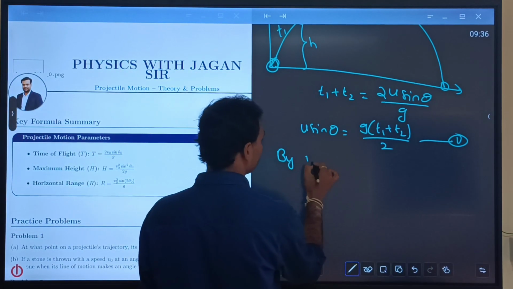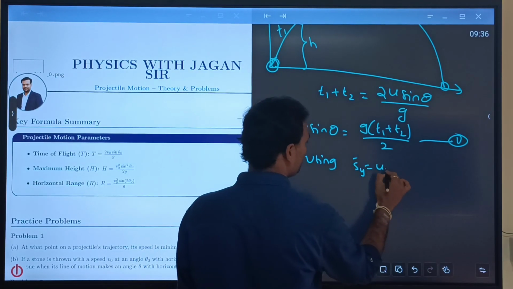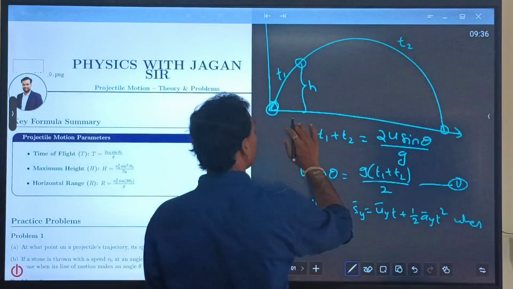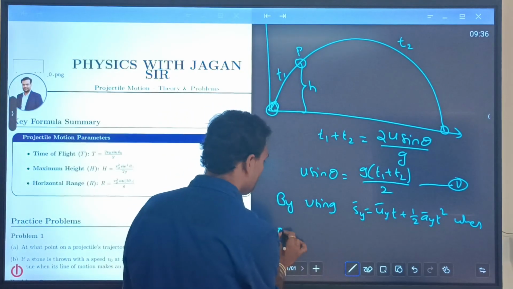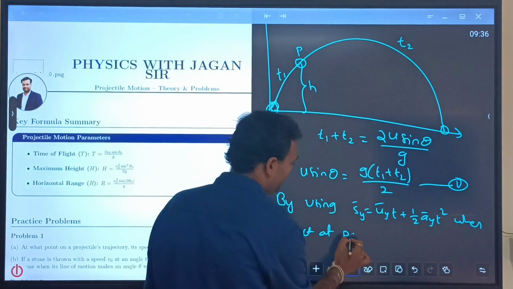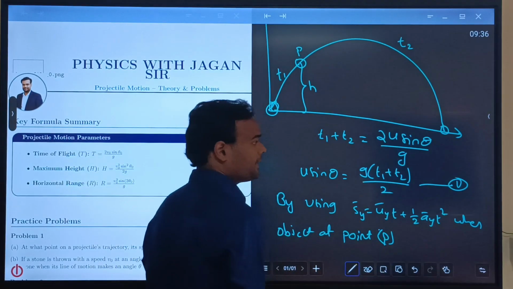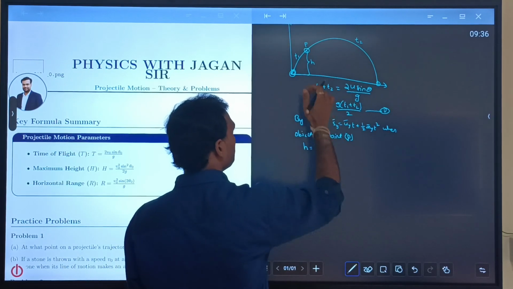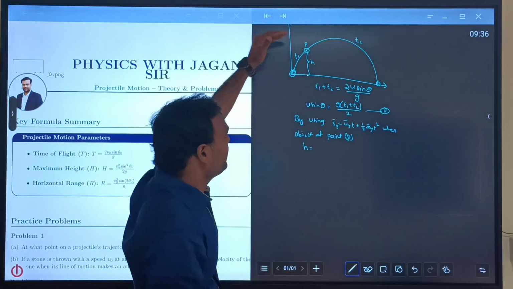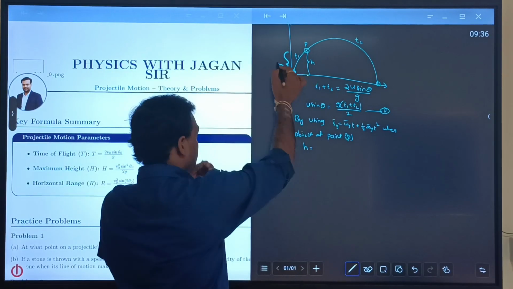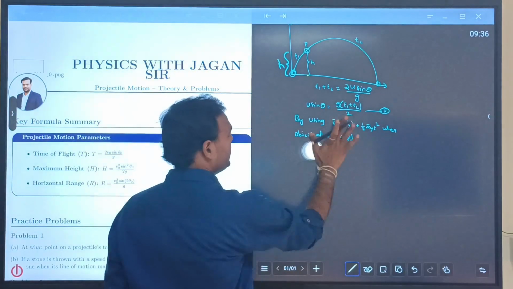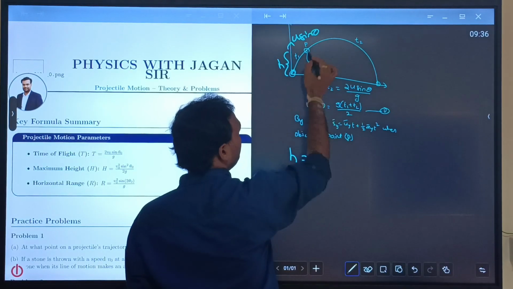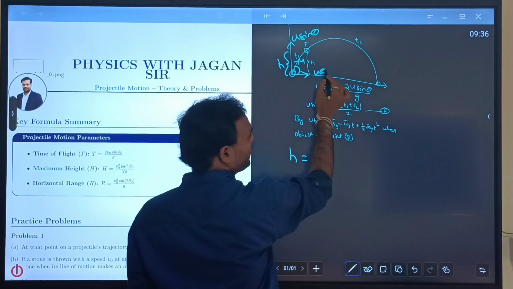And by using y = ut + half a t square, let us assume this location is P, when the object is at point P. Now I can write it as H, because the object is moving in the upward direction, so the displacement on the y-axis is H. I am keeping positive H. Then H equals uy, that is the initial velocity on the y-axis, u sin theta, because the x-component will be u cos theta, right?